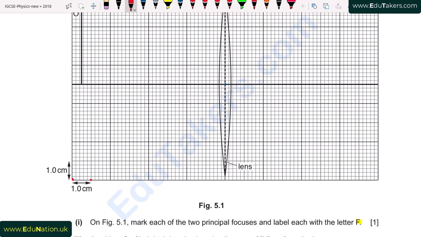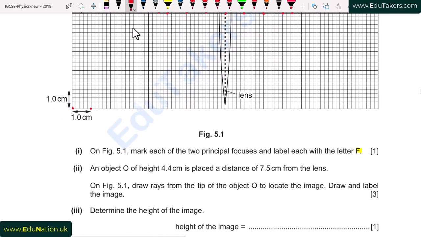It means that from this point to this point it is 1 cm, this is 2, 3 and here is 3.5 cm. I write it F. On the other side it is 1, 2, 3 and it is 3.5. So this distance is called focal length and this point is called principal focus. So this is the first part.